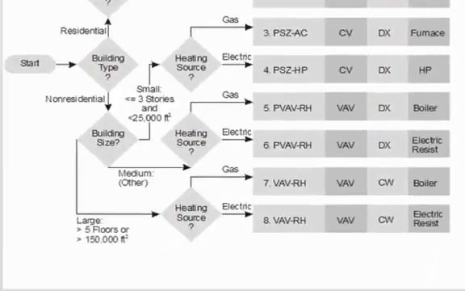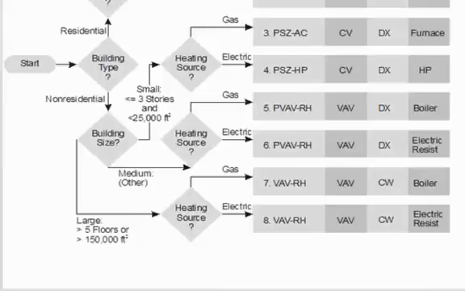If you go down the other way and you answer that your building is non-residential, then there's another question, which is building size. And really there's 3 sizes: small, medium, and large. A small building is one that's 3 stories or less, and also less than 25,000 square feet. A large building is more than 5 stories or more than 150,000 square feet.